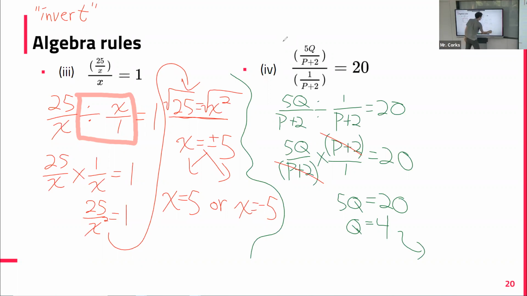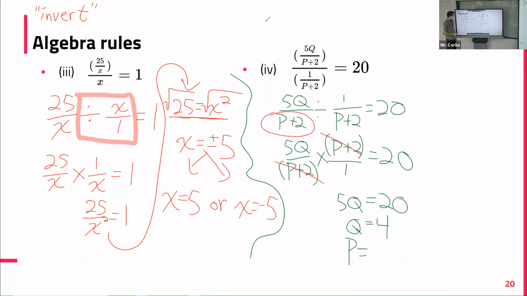Let's give a little bit of clarity here. What about p? When we did this, p canceled out, so the same thing would happen. So p can be almost anything except one number: negative 2.